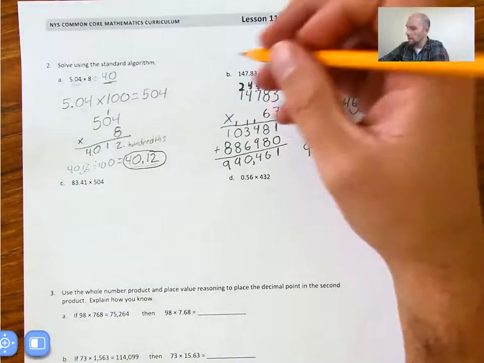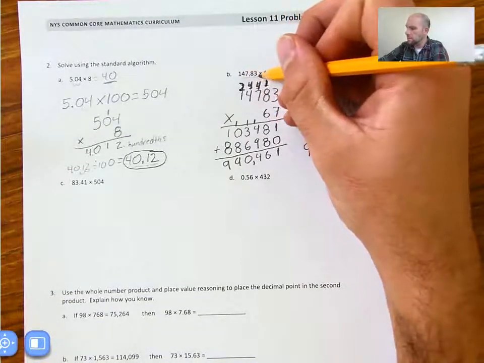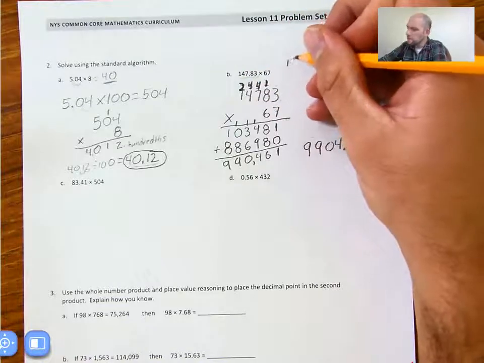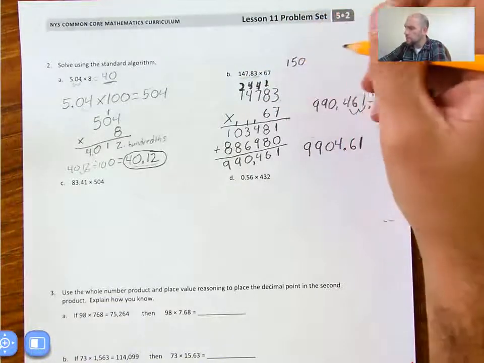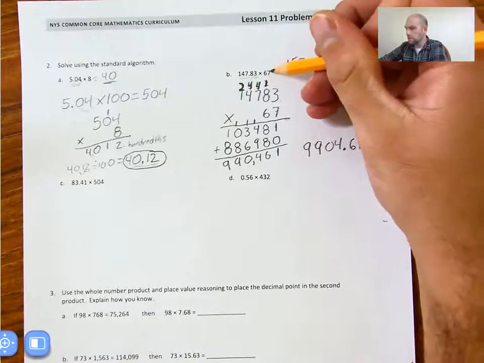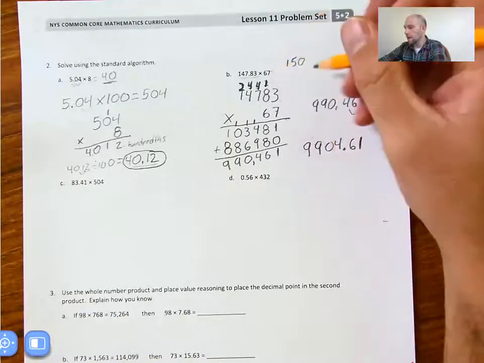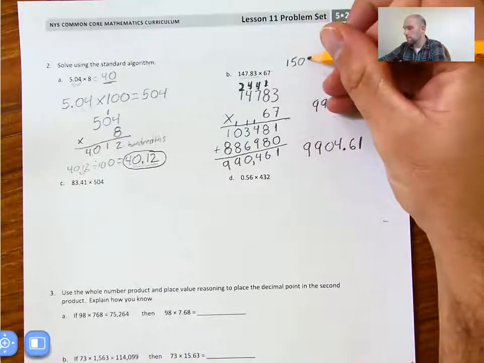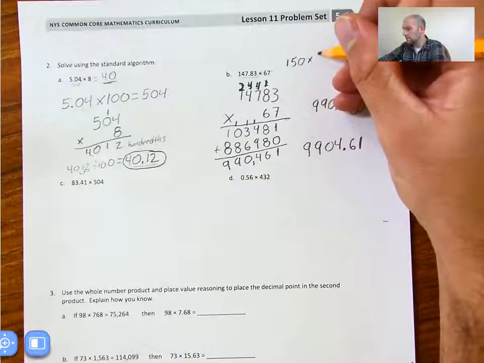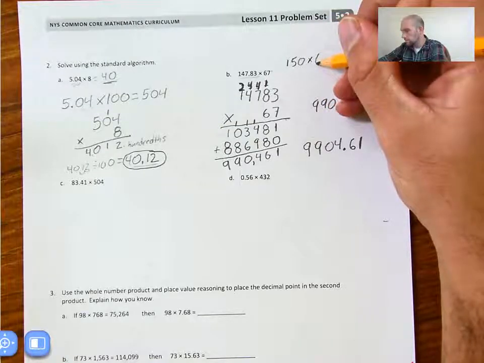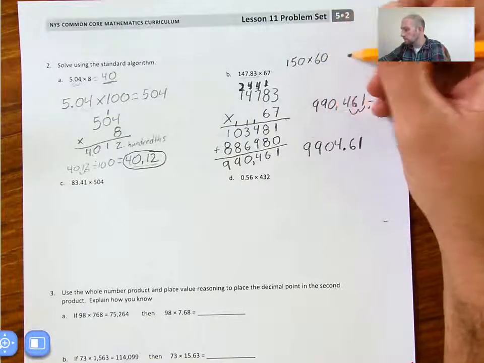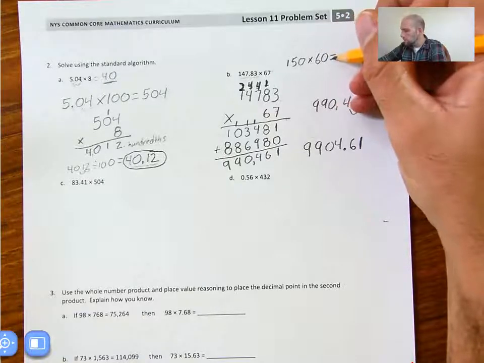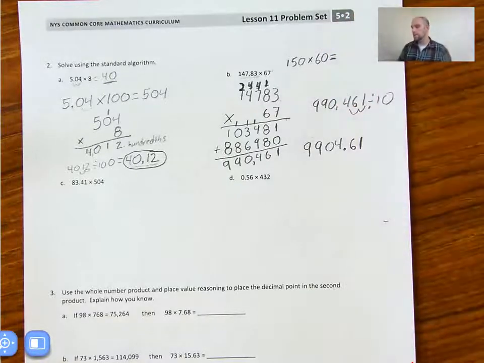All right. So what we can check to see if we're close, and the way that I would do that is I would round this to 150, and 67 I might round that to 60. And I know that 15 times 6 is 90.